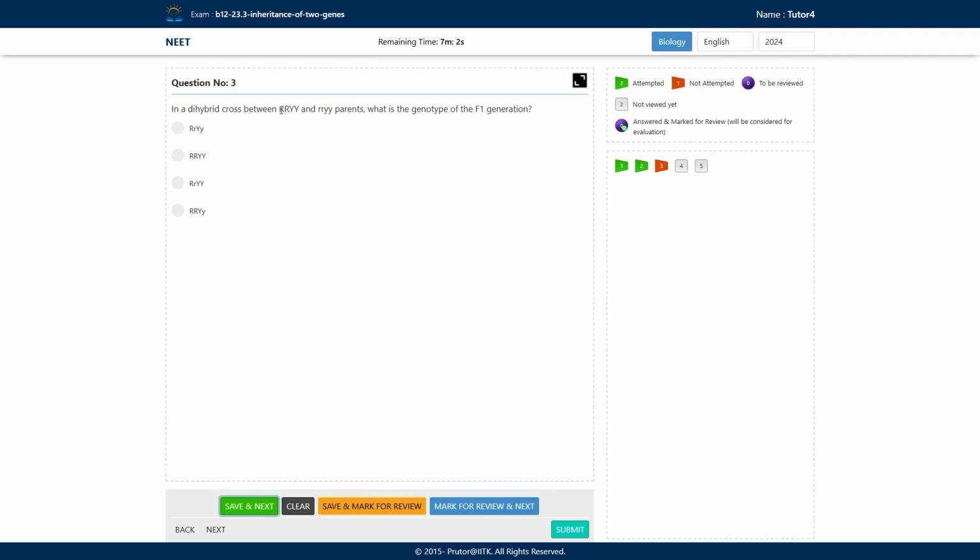Now, in a dihybrid cross between capital R, capital Y, and small r, small y parent, what is the genotype of the F1 generation? So first of all, you will make the gametes of each of the parents, and then you can make the Punnett square, and then you can calculate the possible genotypes of the F1 generation. So these are the 4 options. What would be the correct answer?